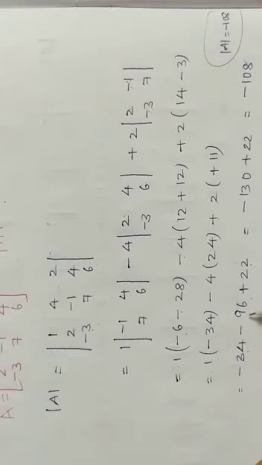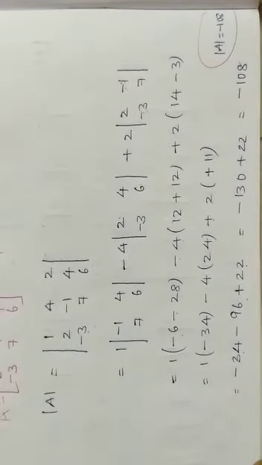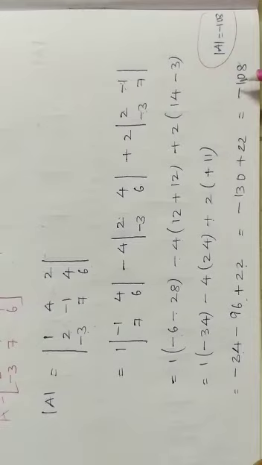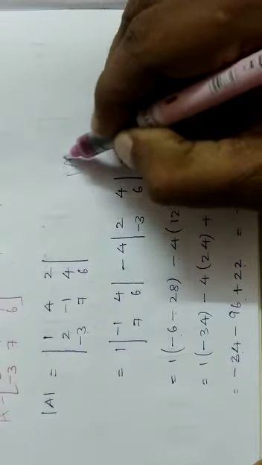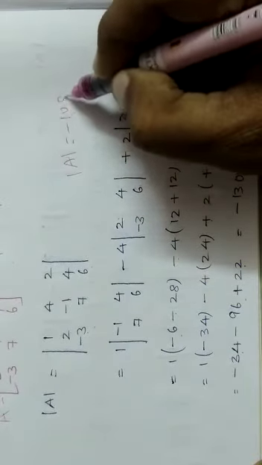Minus 34 minus 96 is minus 130, plus 22. Minus 130 plus 22 is minus 108. Therefore, det A, how much? Minus 108.